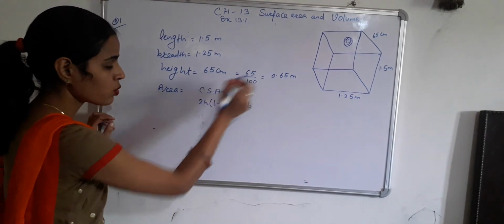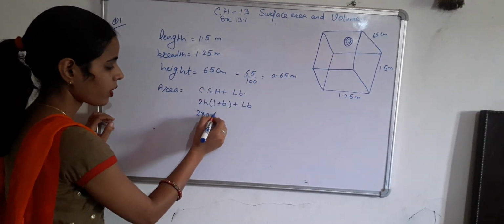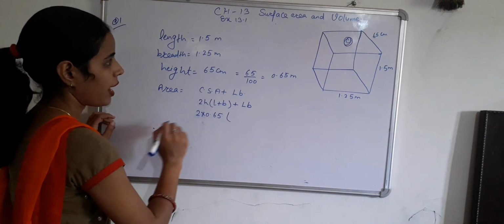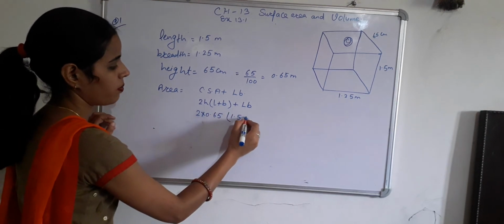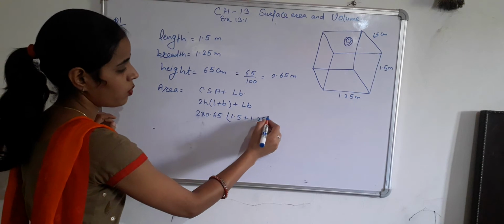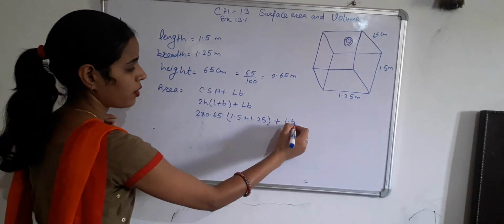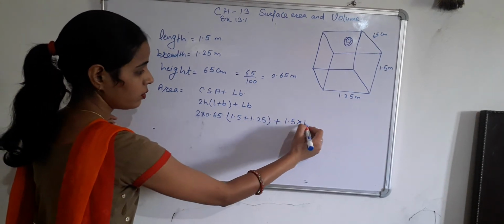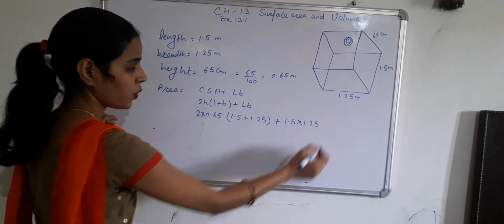Here H equals to 0.65 into L. L is 1.5 plus B is 1.25, plus L, 1.5 into 1.25.